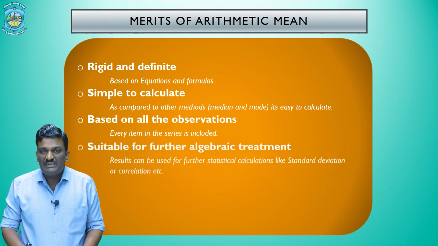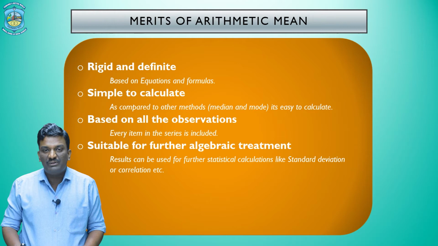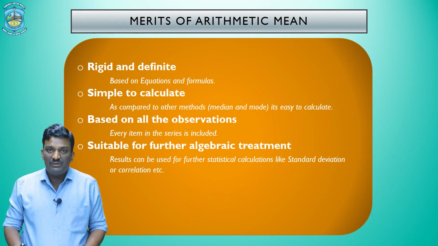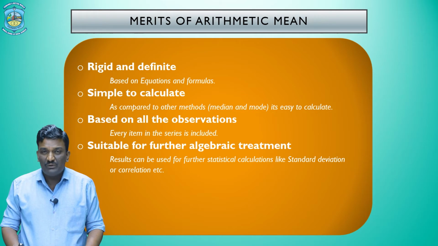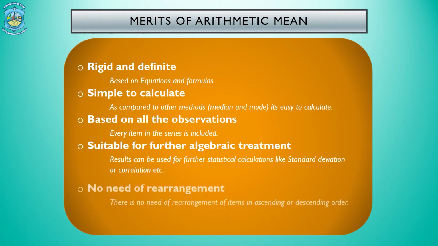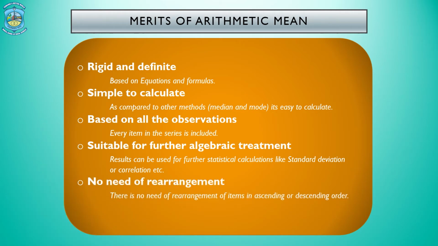This also makes it useful for further algebraic treatment, like the results that we get from arithmetic mean can be further used for standard deviation, correlation, etc. Another merit is that in other methods, we have to rearrange the data either in increasing or decreasing order, whereas in the case of arithmetic mean there is no need of any rearrangement.